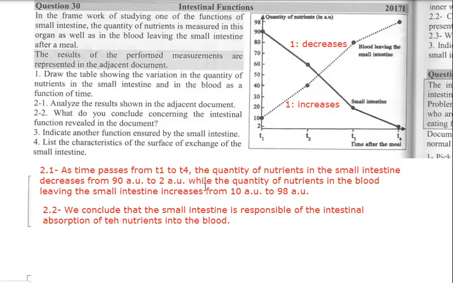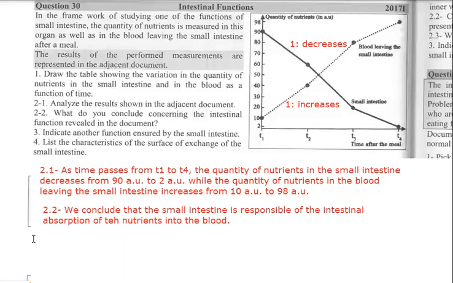What is another function of the small intestine? Is it its only job to let nutrients pass from the small intestine into the blood? No. The small intestine contains lots of enzymes. I told you most of digestion happens there because the small intestine is connected to the intestinal glands that secrete intestinal juices. It is connected to the bile, to the pancreas.